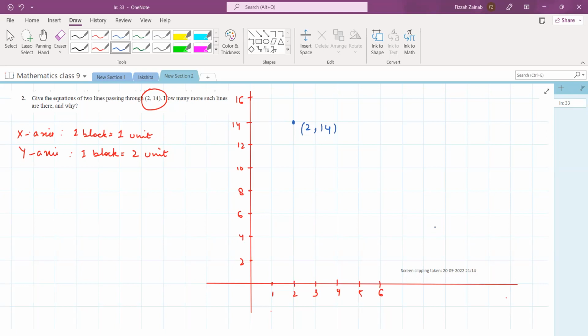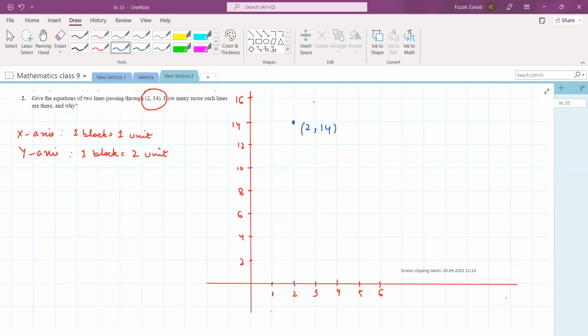What is the logic behind 7, Jaslyn? Can you please explain? Zainab, what is your opinion on it? Okay, only one line or more than one line? More than one. Okay, how many?